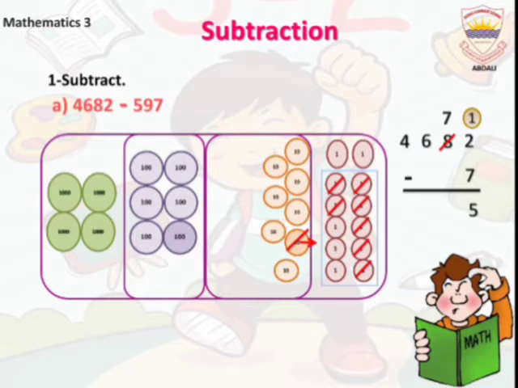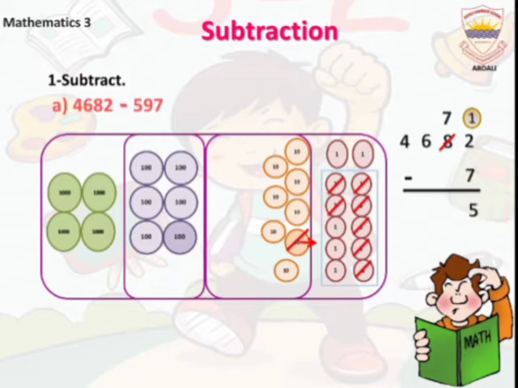Now let's count the remaining number disks of ones. 1, 2, 3, 4, 5. When we subtract 7 from 12, we get 5.